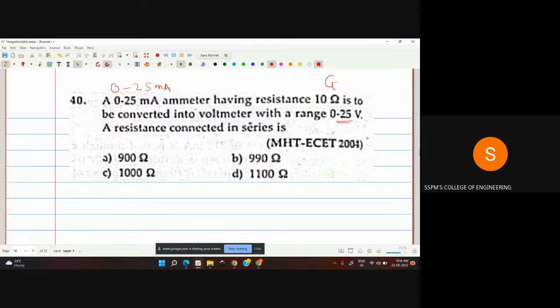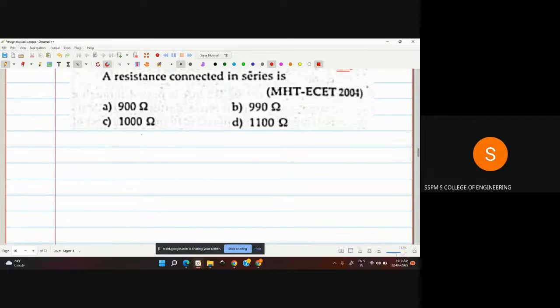Range किती आहे, 0 to 25 दिलेलं आहे. तो रेजिस्टन्स कनेक्टेड इन सिरीज. म्हणजे तुम्हाला काय फाइंड आउट करायचं आता व्होल्टमीटर मध्ये, हा इक्वेशन तुम्ही लक्षात ठेवा, X = G(N − 1). इक्वेशन मी मागच्या एक्झाम्पल मध्ये दिलेला आहे, where N is V upon VG. तो फर्स्ट पॉइंट N कसं काढणार, V किती दिलेला आहे, 25 व्होल्ट.